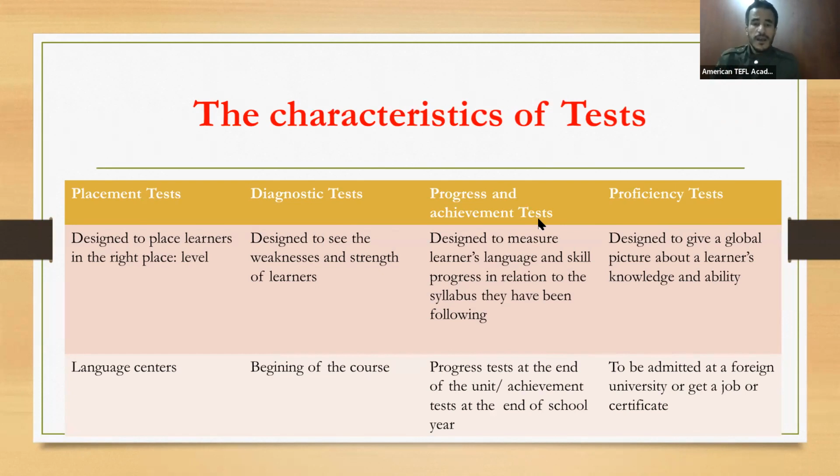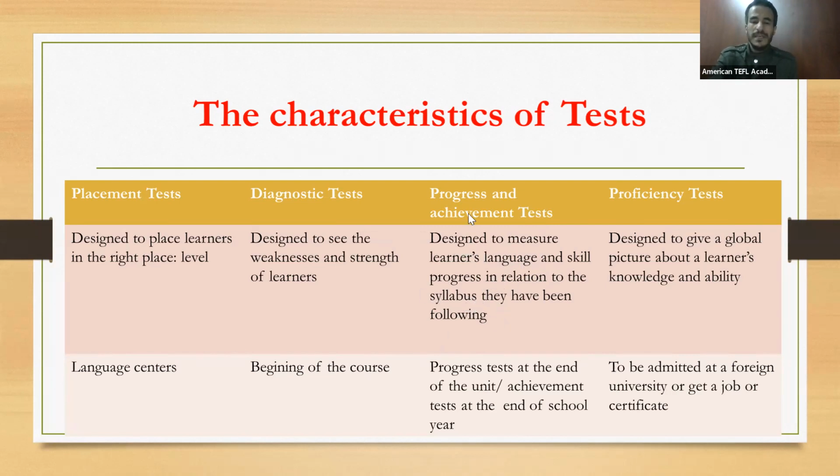Number 3, progress or achievement test. This is at the end. This is the national exam. This is the midterm exam. This is the final exam. They are designed to measure learners' language and skill progress in relation to the syllabus they have been following.